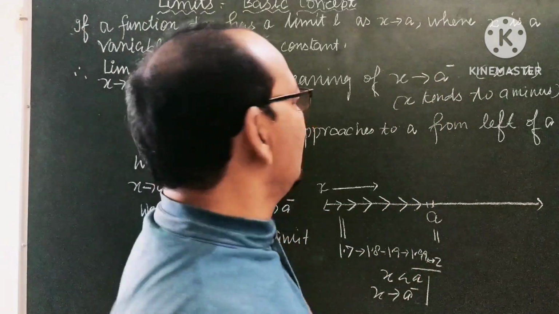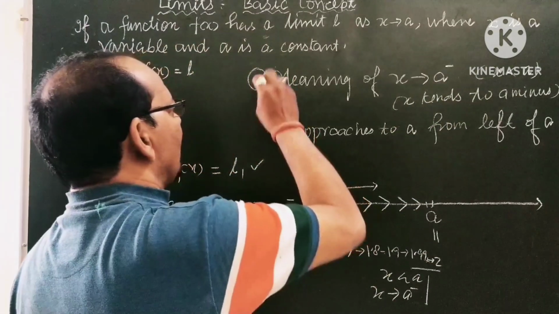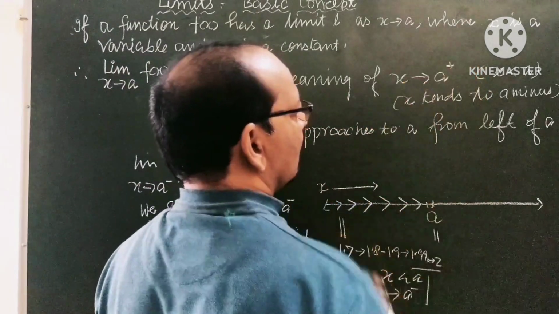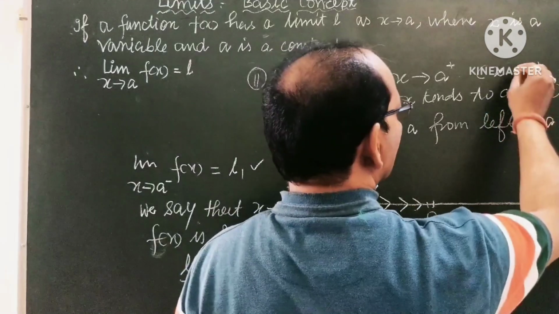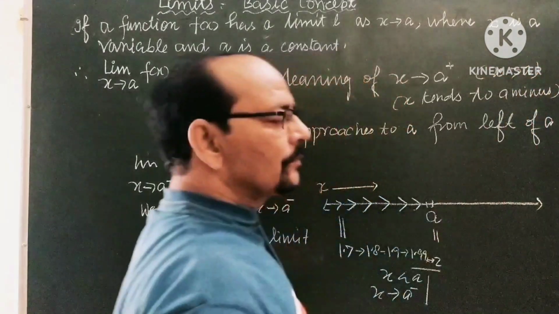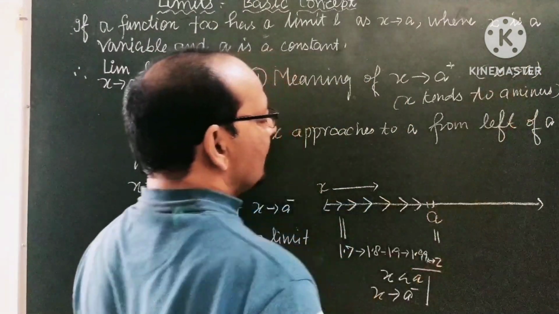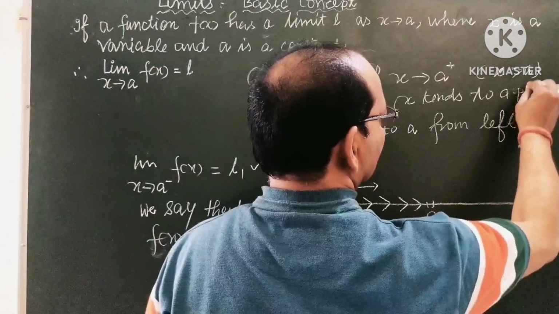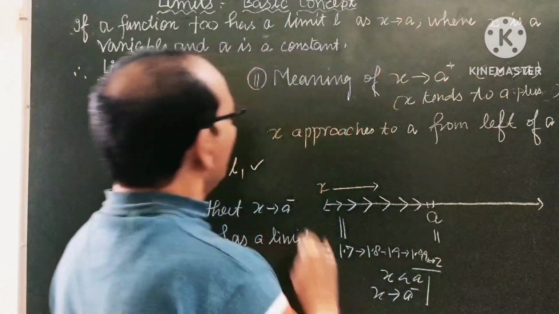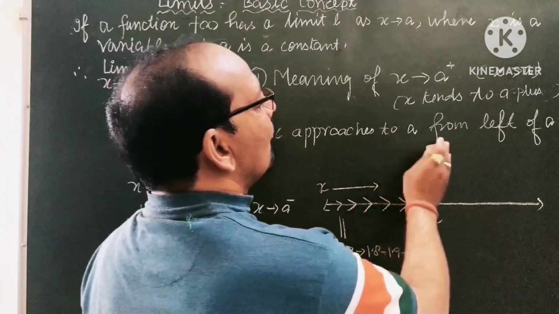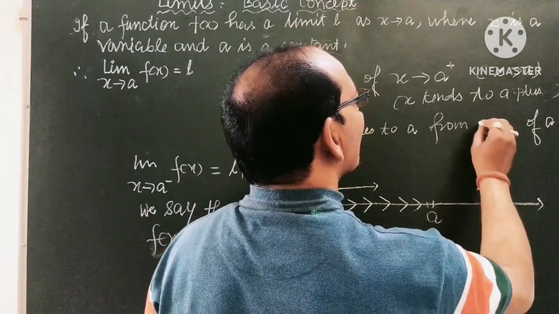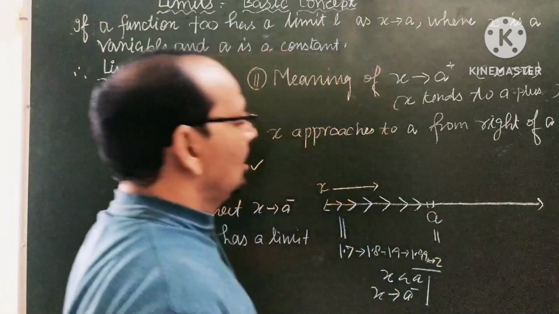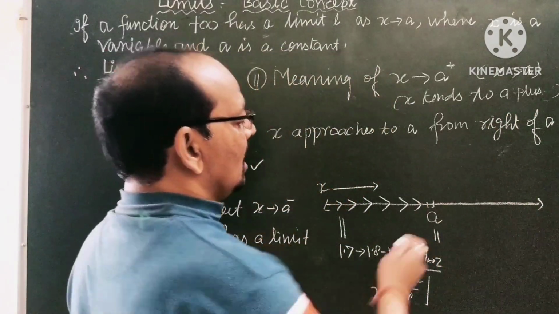After that, we can study in the third point the meaning of x tends to a plus, where x is greater than a. Therefore, x tends to a plus, and x approaches from the right of a.